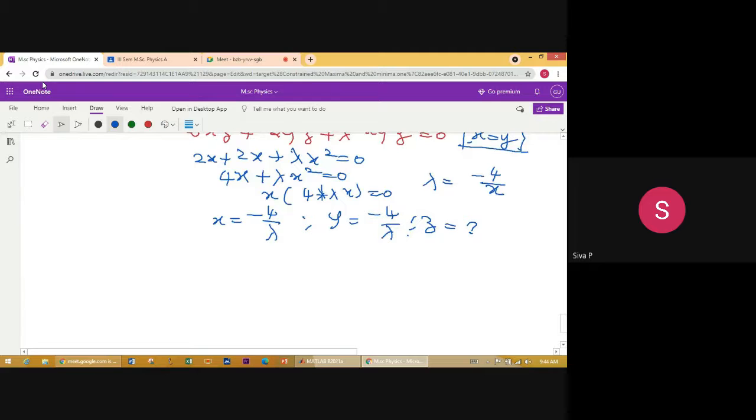But that is not correct. Z is not lambda square.